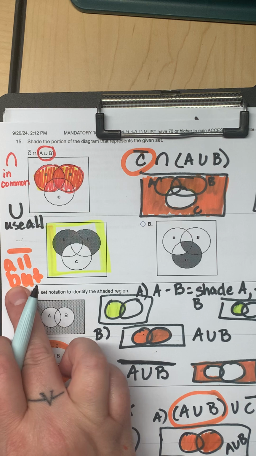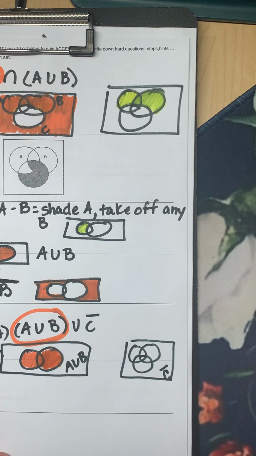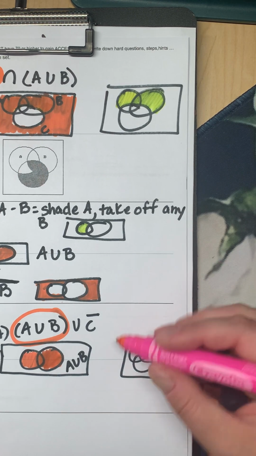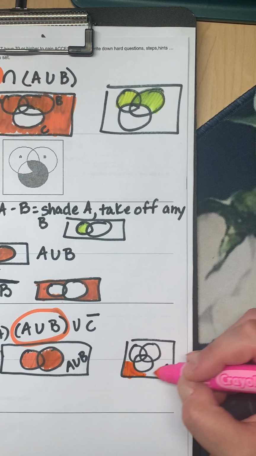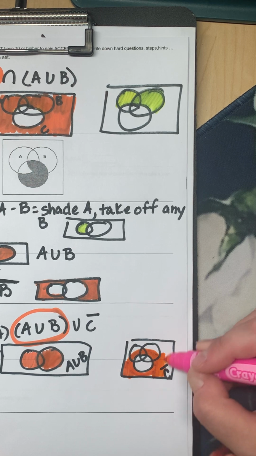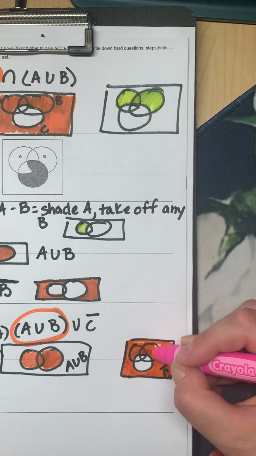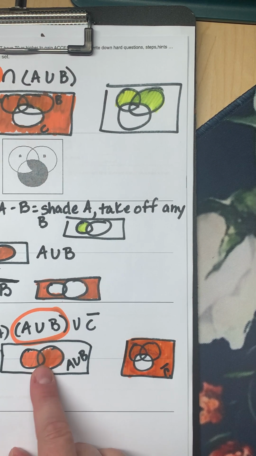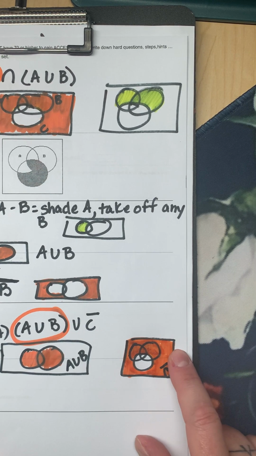So if I have a bar on top of it, I need to shade everything but the C. The C is this bottom circle, so we're going to shade everything outside that bottom circle. Everything but C. Okay, so I did the parentheses over here on the left, and I did the everything but C over here on the right.